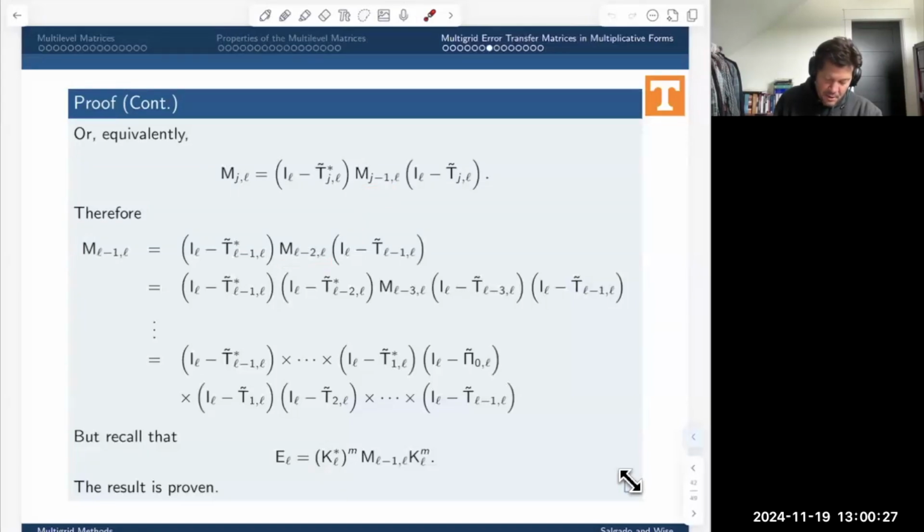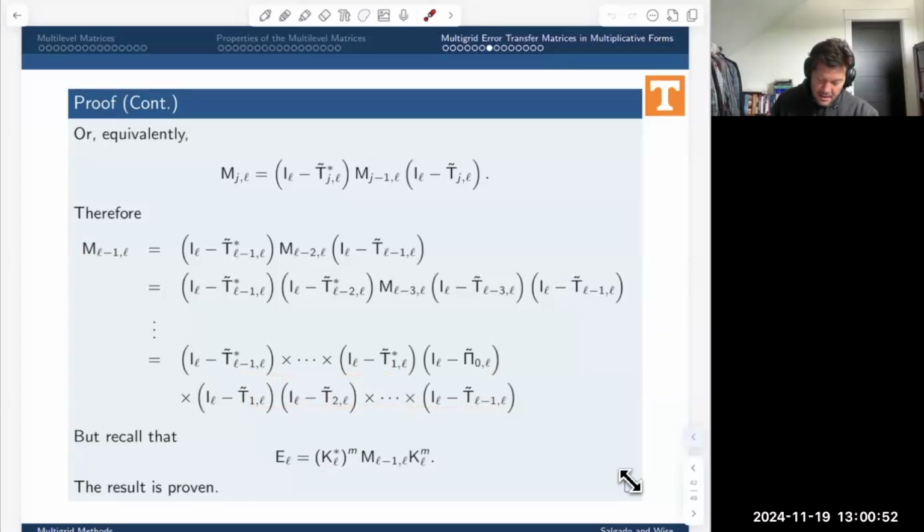Each time we go down 1, we gain 2 more T matrices, until we get all the way down to the coarse grid projection, all the way at the 0 level, or the base level. Sometimes I call this the root level. And then, of course, you've got T matrices bracketing this on either side all the way down.